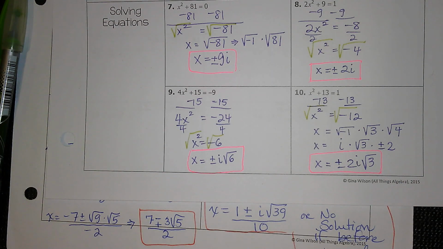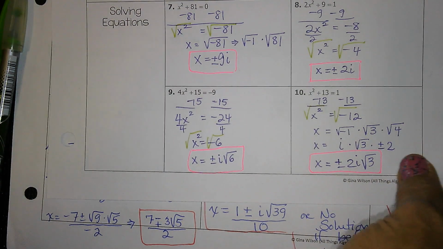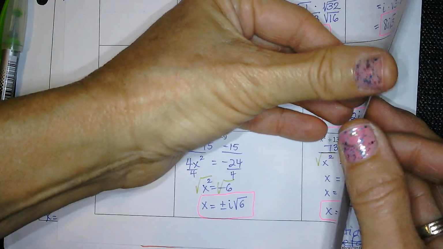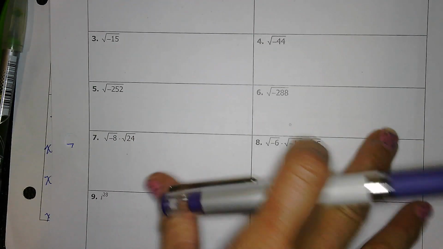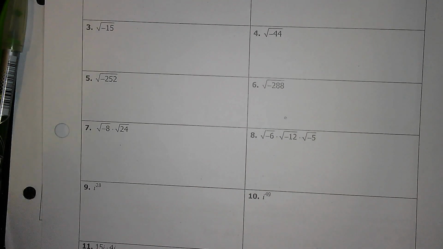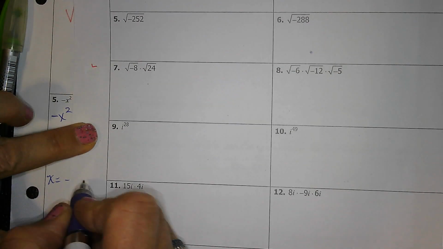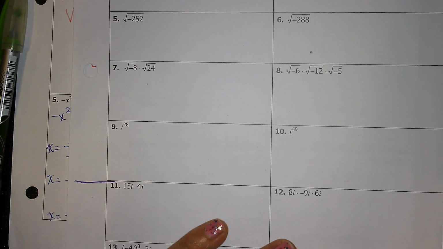Okay, so you see how we are doing these? Any questions right now? We're going to turn the page. So the whole point is solving, right? To find our zeros. Now, turn the page. We're going to look at some interesting patterns that i does. By the way, your homework assignment is going to be 1 through 10 on the following page where it says homework.